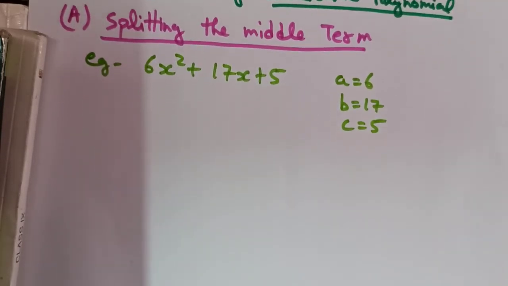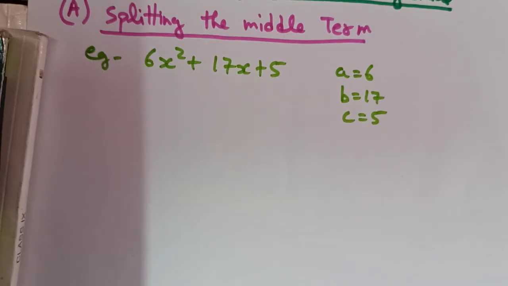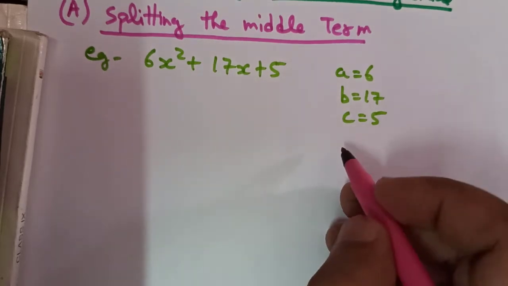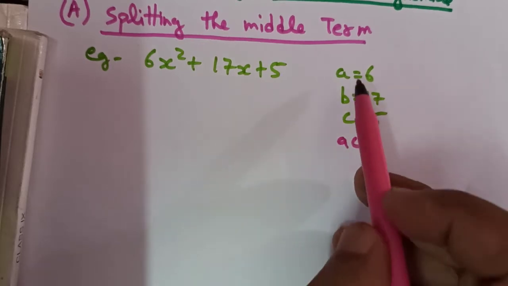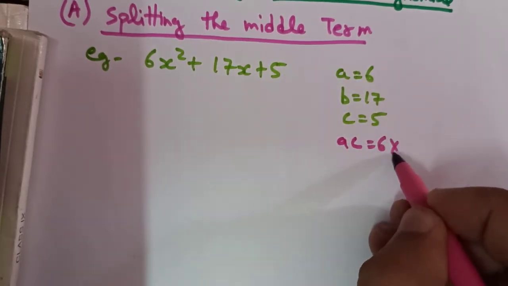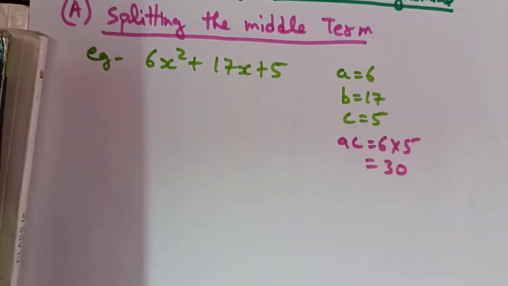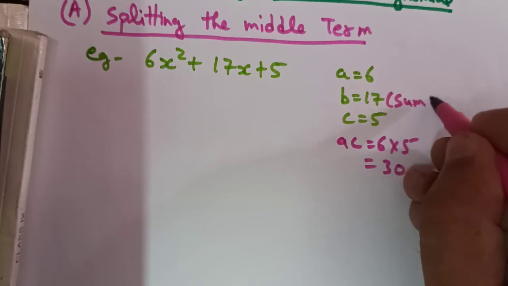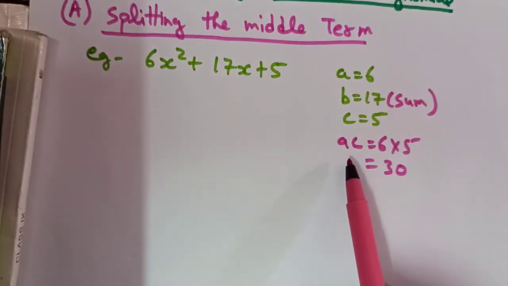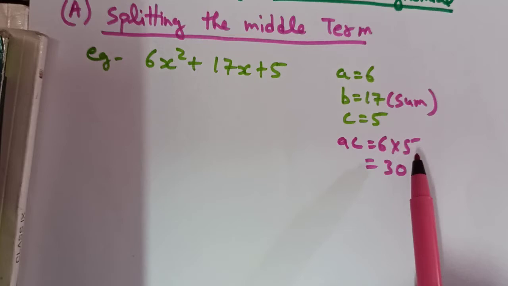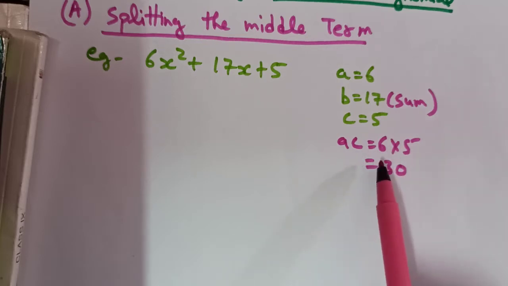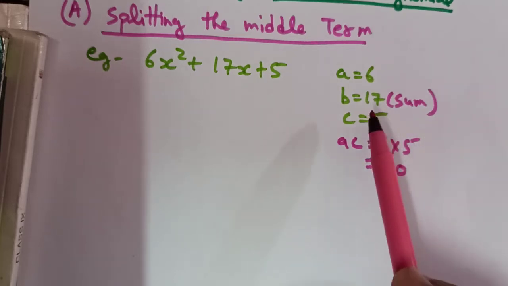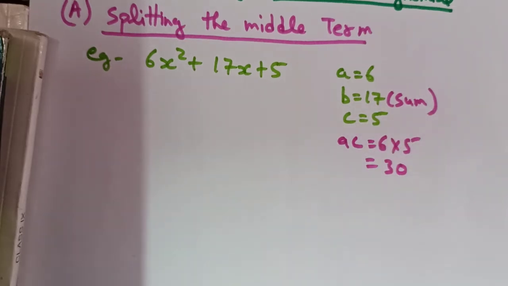Now by the splitting middle term method, we first see the value of ac, the product of a and c. The product of a and c is 6 into 5, that is equal to 30. Now we have to find two factors of this 30 such that the sum becomes equal to b, that is 17.